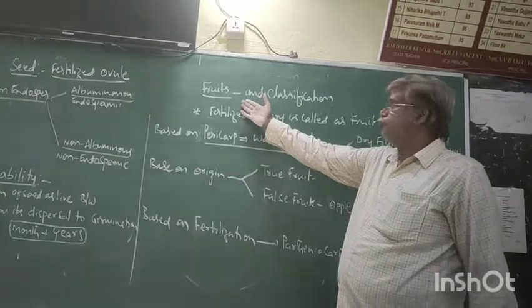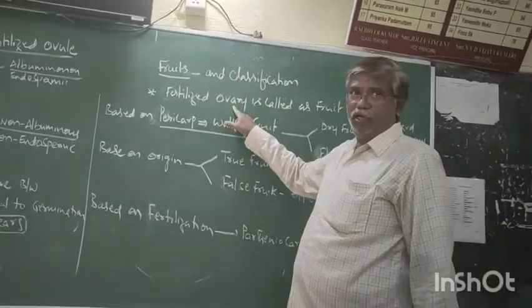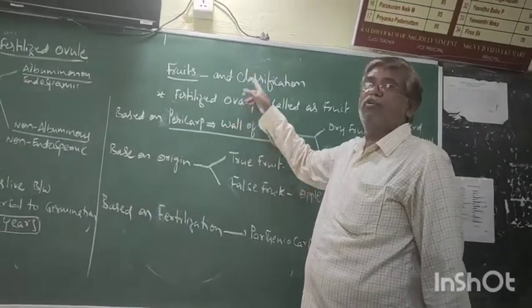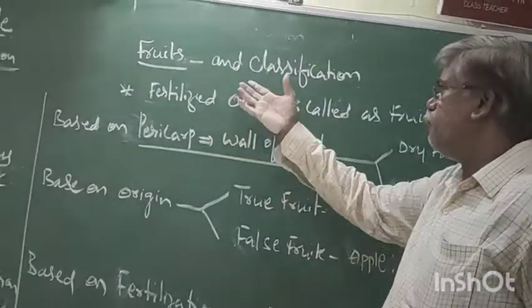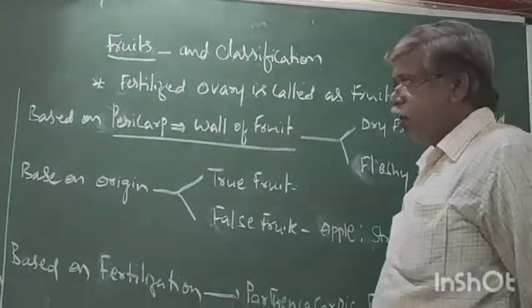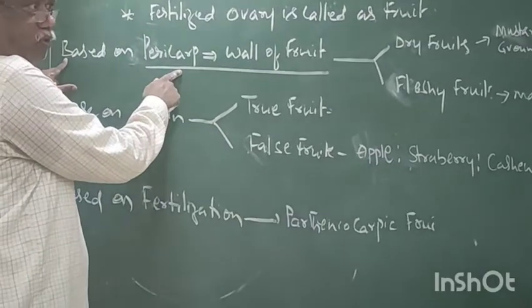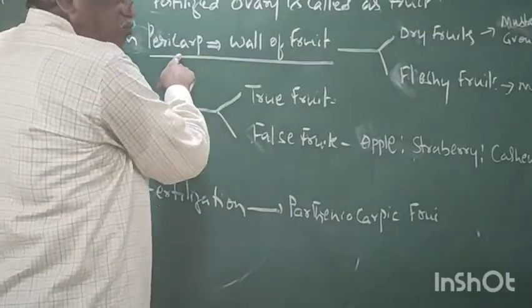Fruit and its classification. Fertilized ovary. After fertilization, the ovary becomes fruit. Hence, the fertilized ovary is called a fruit. Now, based on pericarp, the wall of the fruit is called pericarp.